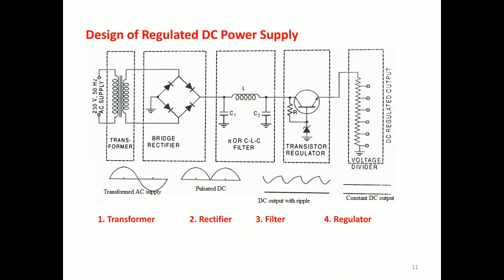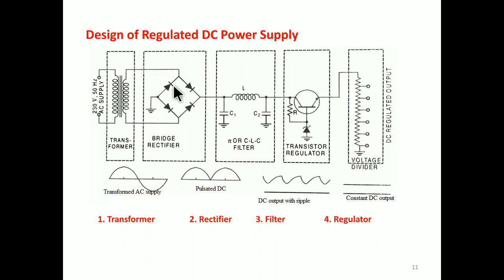So to design a regulated DC power supply, first we must care about the transformer. The AC voltage, typically 230 volts RMS, is connected to a transformer, which transforms that AC voltage to the level of the desired DC output.